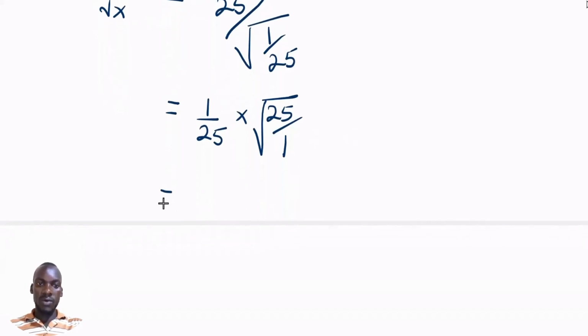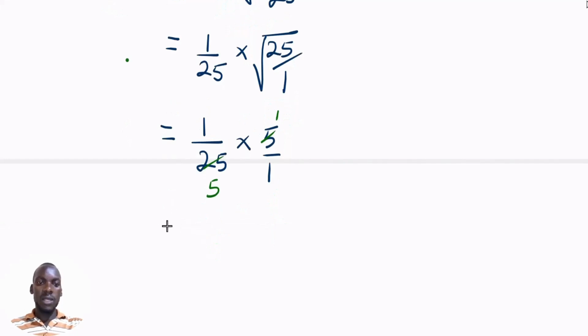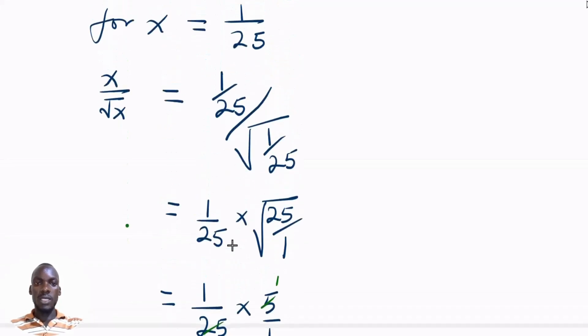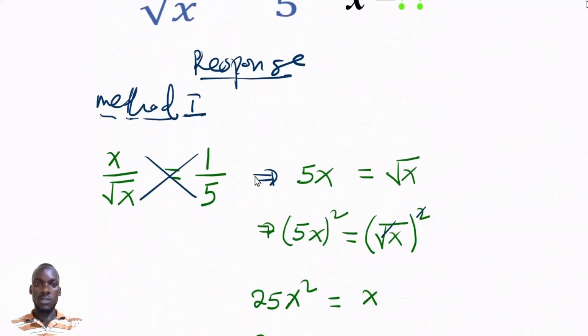As we simplify, this is 1 divided by 25 multiplied by the square root of 25, which is simply 5, then divided by 1. Simplifying by 5, we get 5 down here, implying that this is equal to 1 divided by 5, which is in accordance with our question.